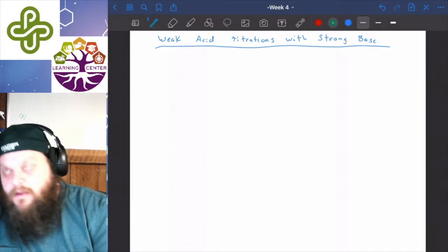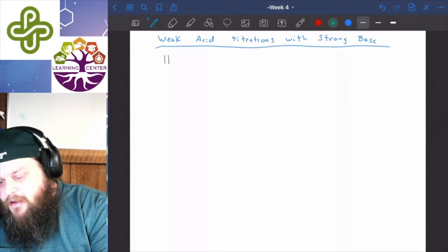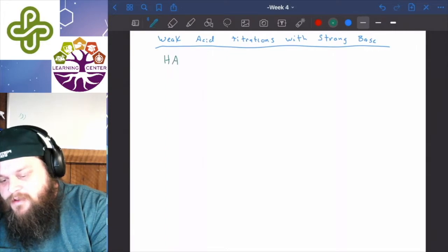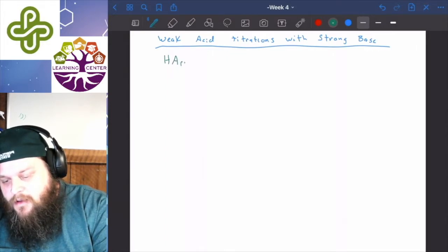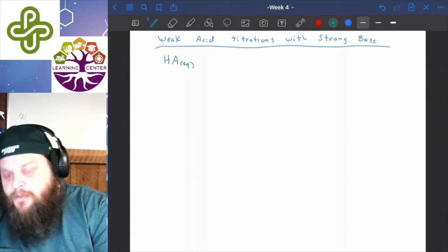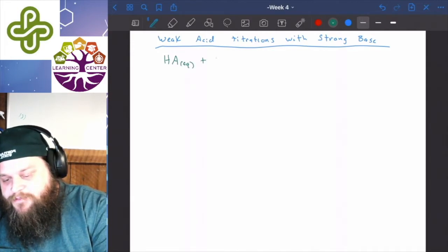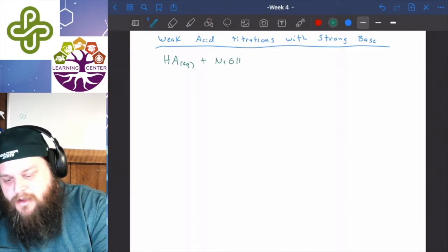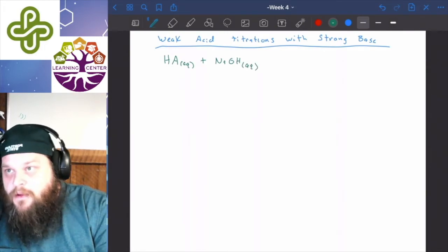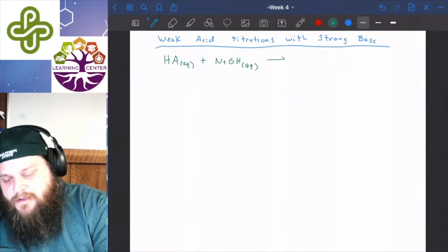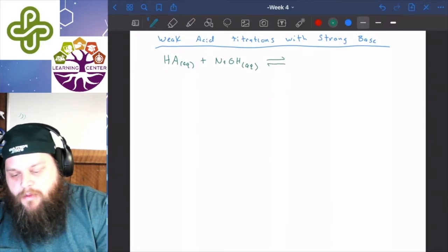So for this, the chemical equation, we start out with some weak acid, and say it's aqueous, and we're going to add to that some sodium hydroxide. It's also aqueous. This is going to be more of an equilibrium.